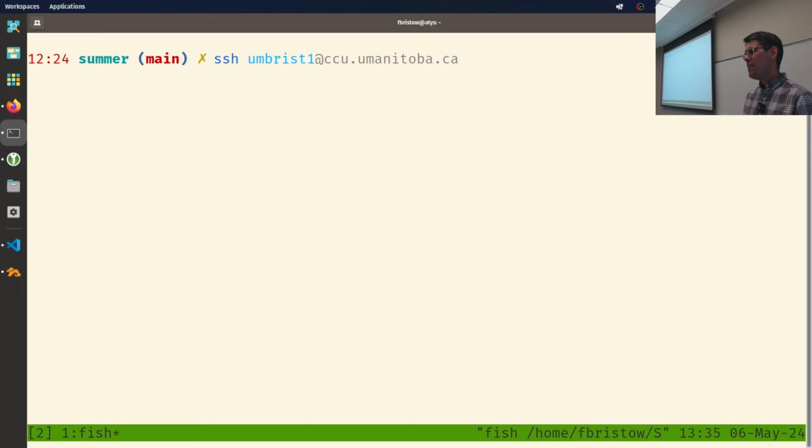It was a good idea at the time, and now I'm stuck with it forever. Your UMNet ID is probably like the first 4 or so letters of your last name and then your first initial. So whatever you use to log into your Outlook email address. I'm going to say fbristow. That's my CS Unix account name. Then you say @, just like email addresses. And then you're going to say aviary.cs.umanitoba.ca.